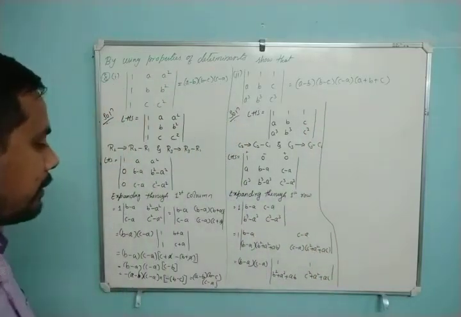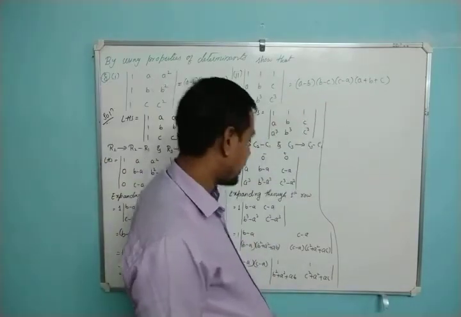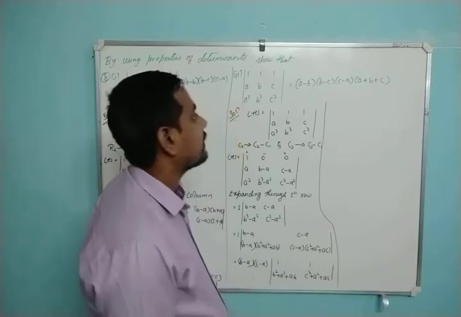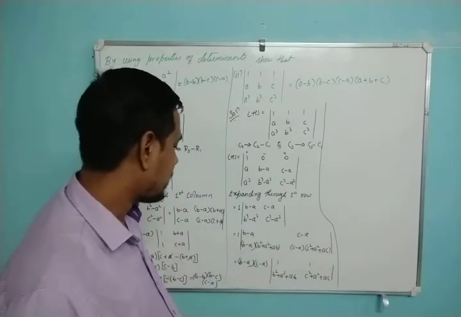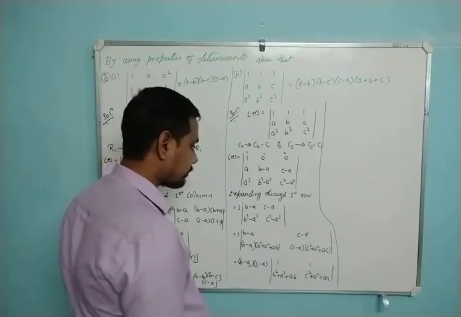So this is how it will be. B minus A and C minus A have come out. Now we want A minus B into A plus B plus C, right? Sorry, B minus C into A plus B plus C. So let us look.